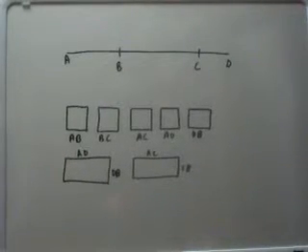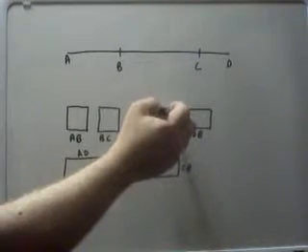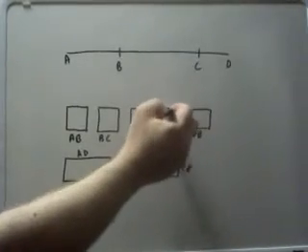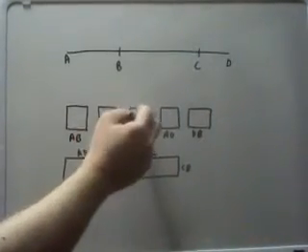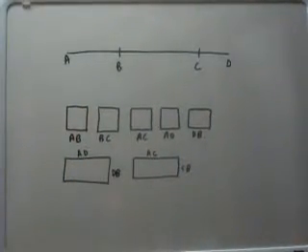But the squares on AD and DB exceed the squares on AC and CB by a rational area. So what that means is that the sum of these two areas is rational. The sum of these two areas is also rational.